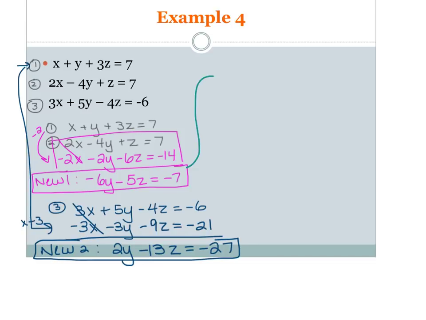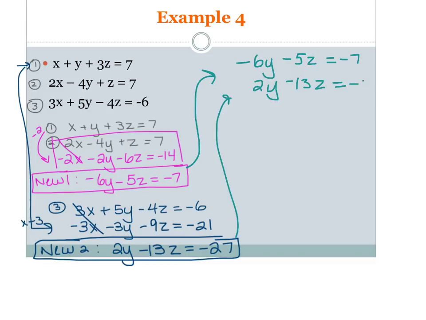So now I'm going to pull new 1 and new 2. I'm going to multiply the second row by positive 3, so I could cancel out the y's. So 6y minus 39z equals negative 81.